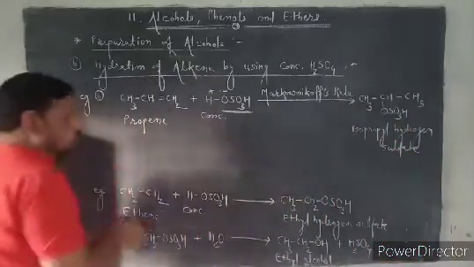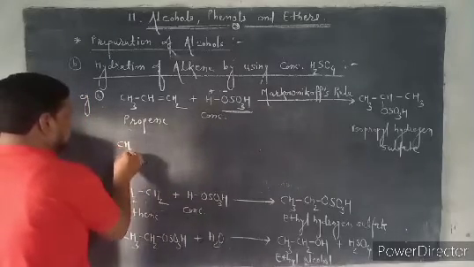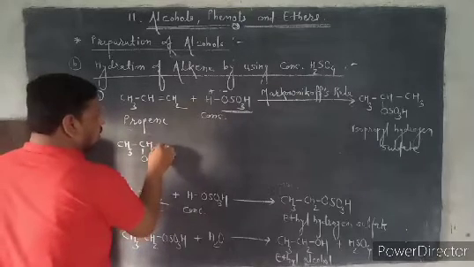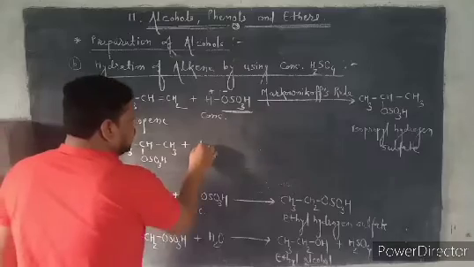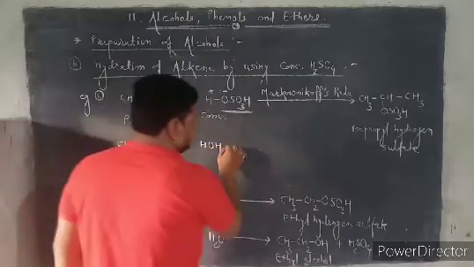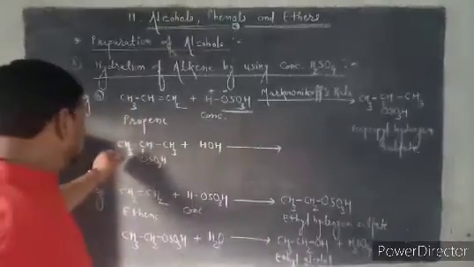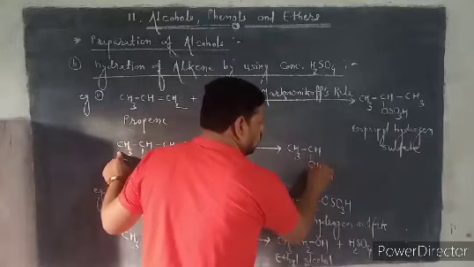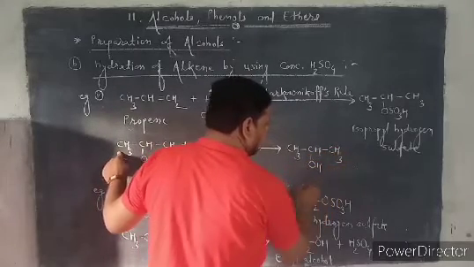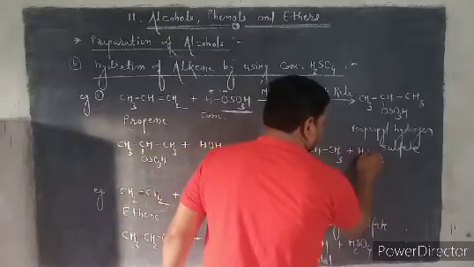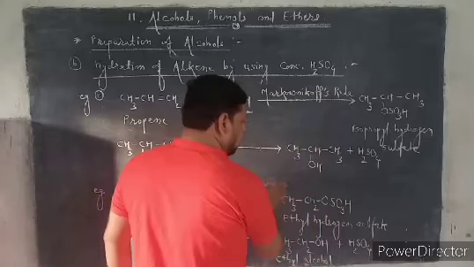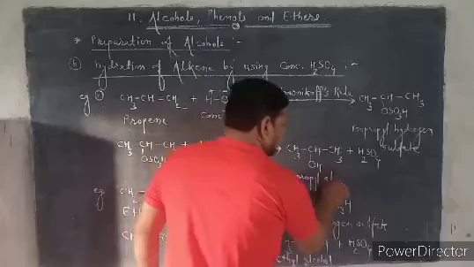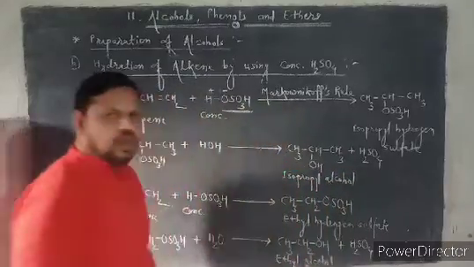Then this isopropyl hydrogen sulfate reacts with water, then it gives CH3CHOHCH3 and H2SO4, and this product is called isopropyl alcohol.